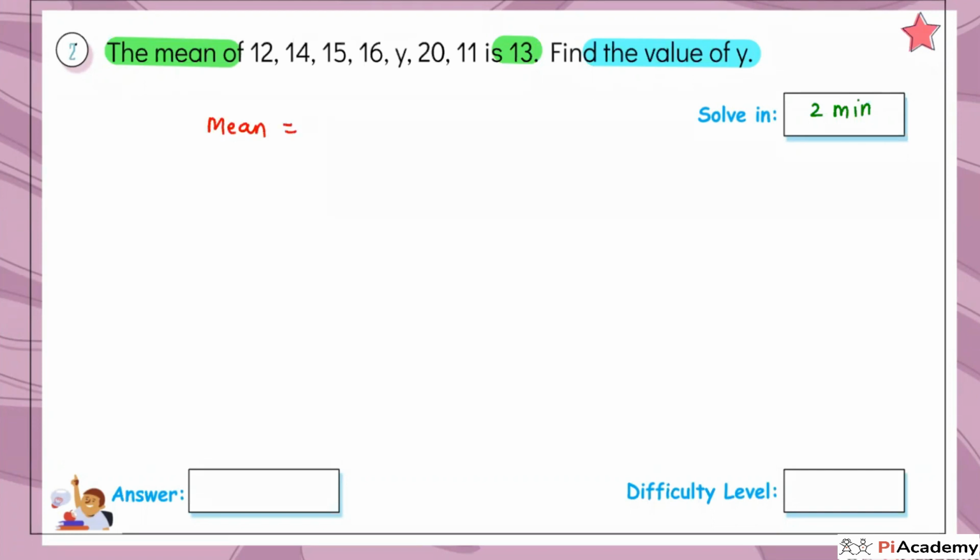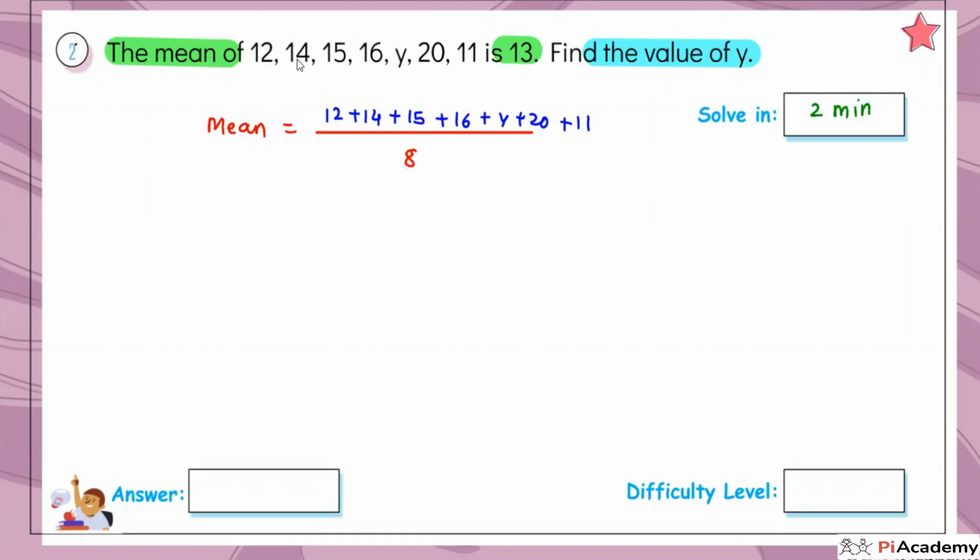Denominator should be 8 because total numbers are 8. Now we need to add them, so first of all, you need to start adding them. So 12 plus 14 plus 15 plus 16 plus y plus 20 plus 11.